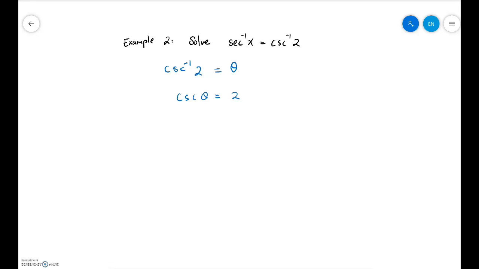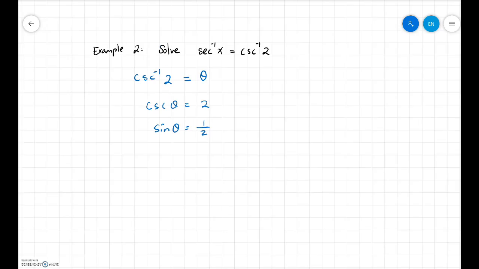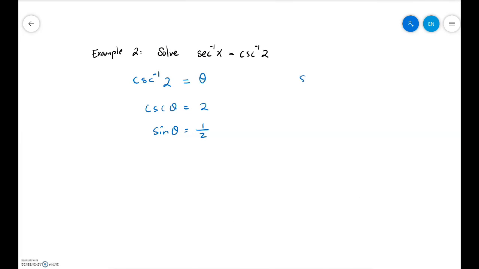I'm not too fond of cosecant of theta, so I can rewrite it as sine of theta equals 1/2, because cosecant of theta and sine of theta are reciprocals of each other. On the other hand, looking at the left hand side, secant inverse of x equals cosecant inverse of 2. As I mentioned before, cosecant inverse of 2 returns an angle theta.